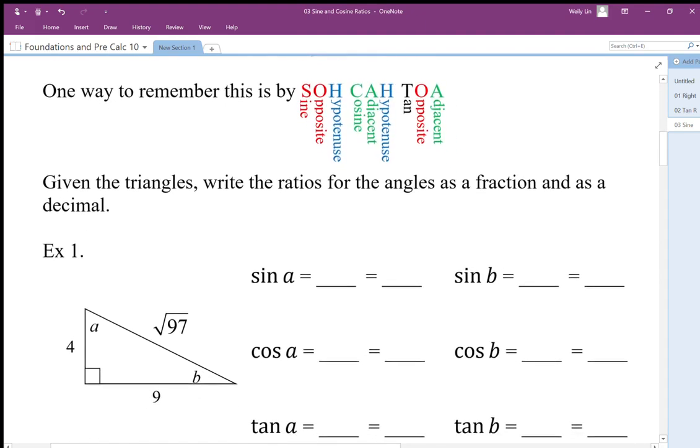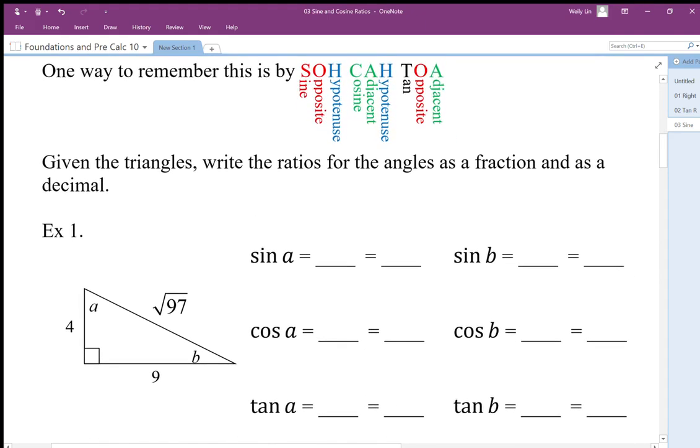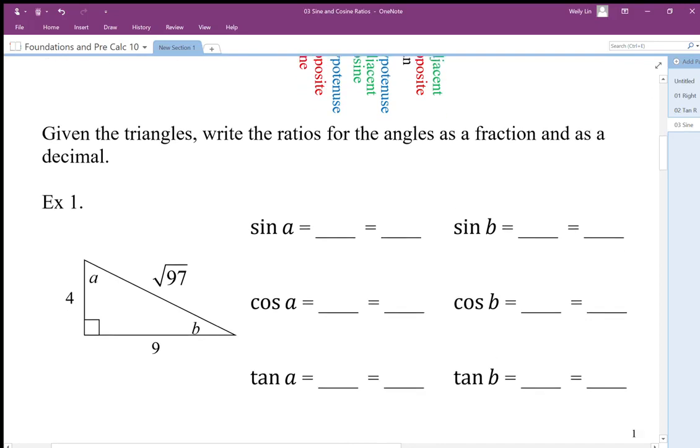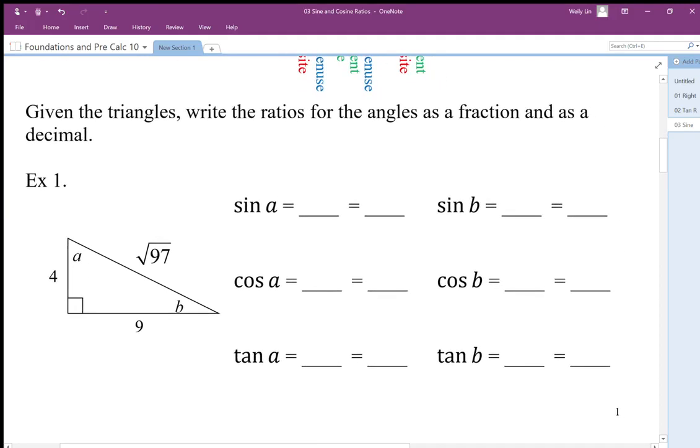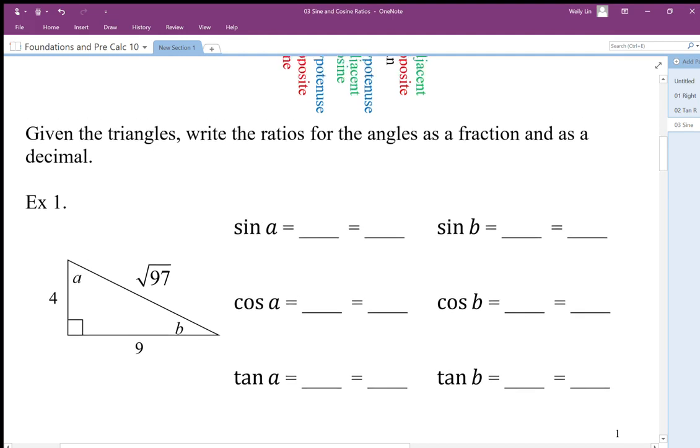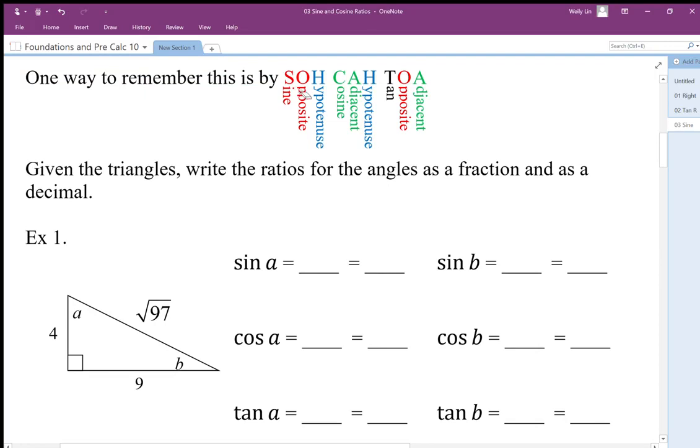So given these triangles, we're going to work out these specifically named ratios relative to the angles that they are being referenced to. So in this case, sine of angle A. First of all, we have to locate angle A, and sine is going to be the opposite and hypotenuse ratio. So I find angle A, and I locate the opposite side.